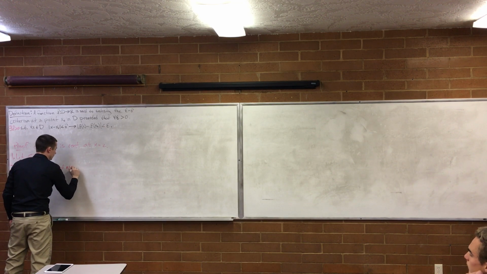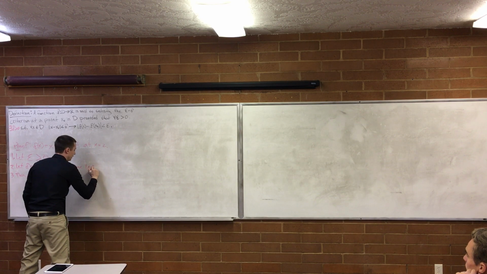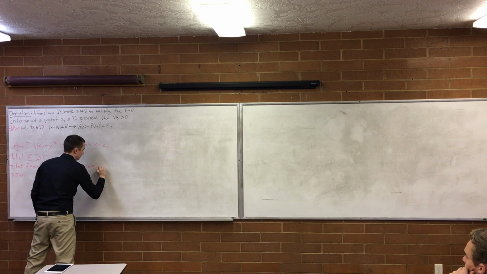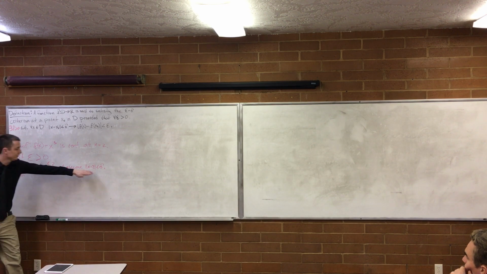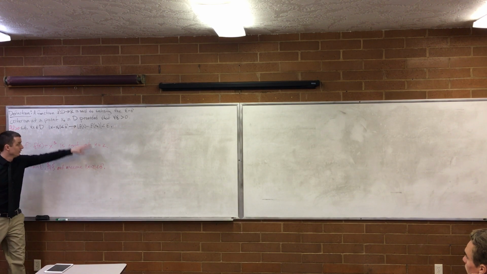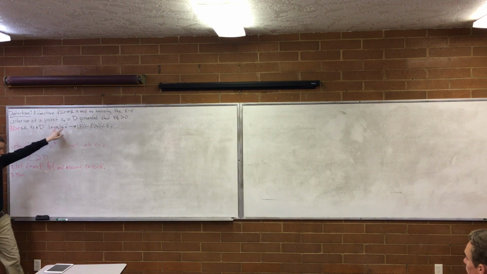And assume x minus 2 is less than delta. So I'm saying that when this is true, this is true. That's what I need to prove. If this is true, then this is true.